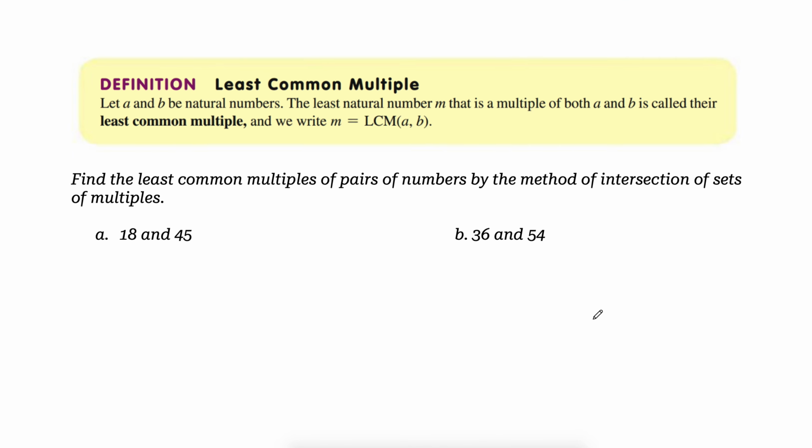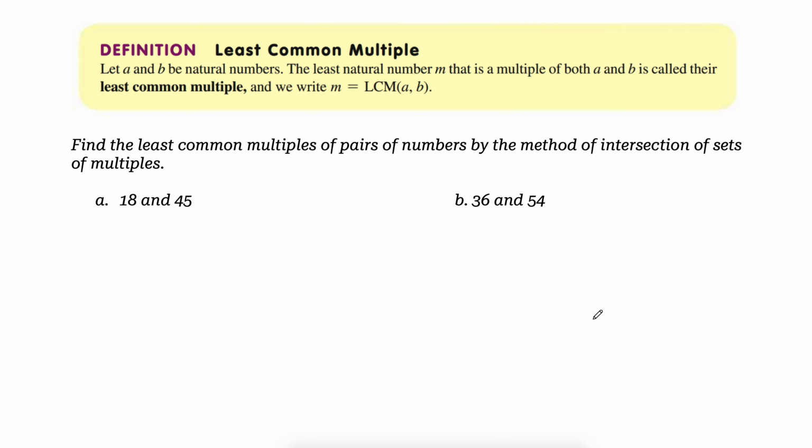We're going to also look at least common multiples. This is the smallest number that is a multiple of our two numbers that we're considering. So again, we're going to start with 18 and 45. This time we're looking at multiples. So 18 times 1, 18 times 2, and so on.